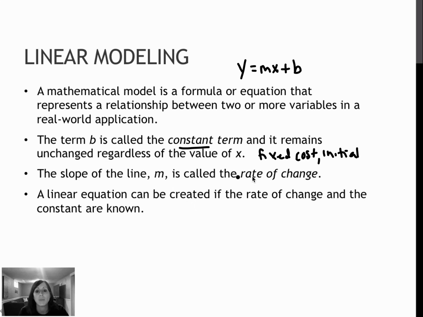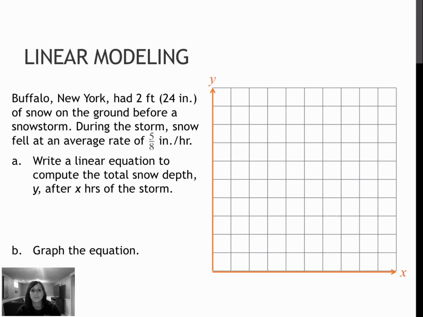When you have something which is a rate of change or something per something else, like per month, per day, per year, per whatever, that's going to be what we're going to take times the x value. So that's our slope, our m. So we're going to use this now to write an equation and then to solve or use that equation depending on different information that we are given.